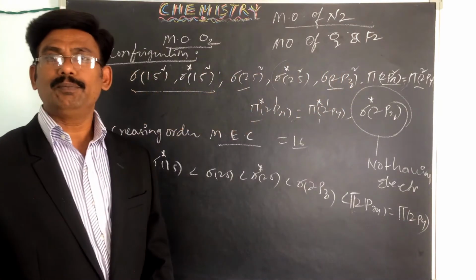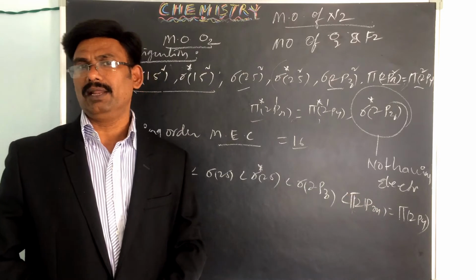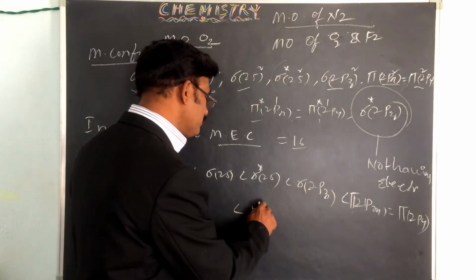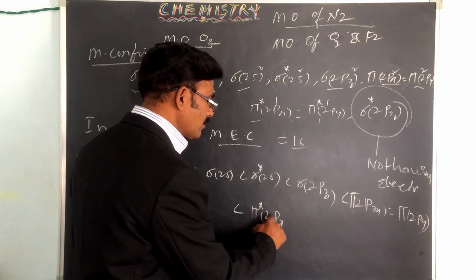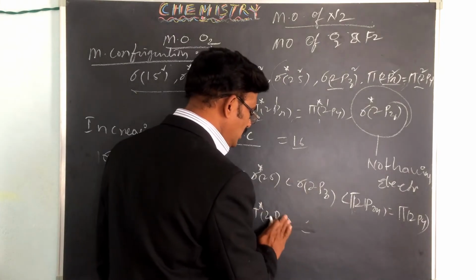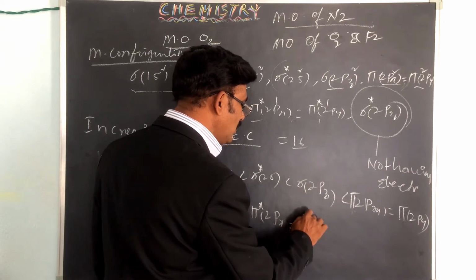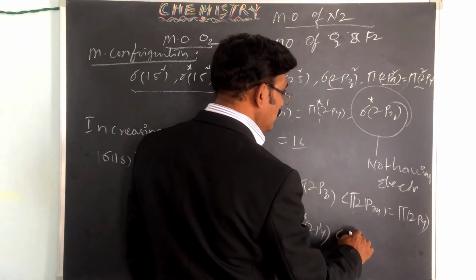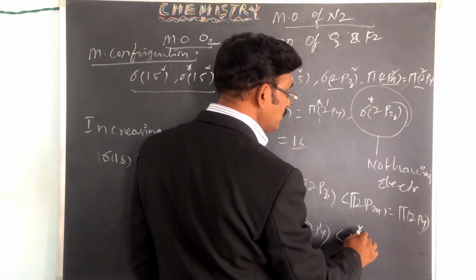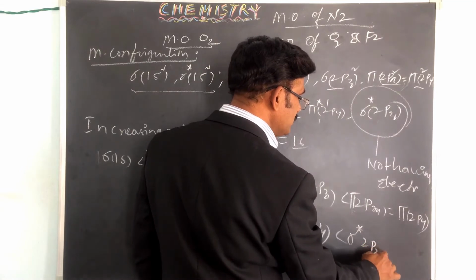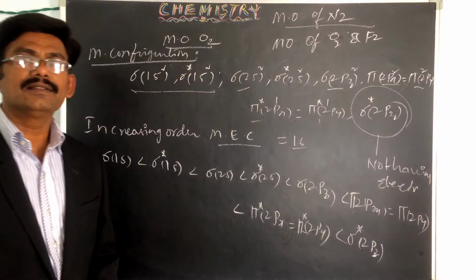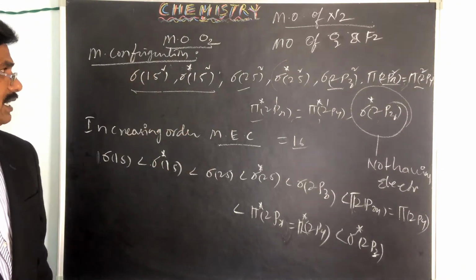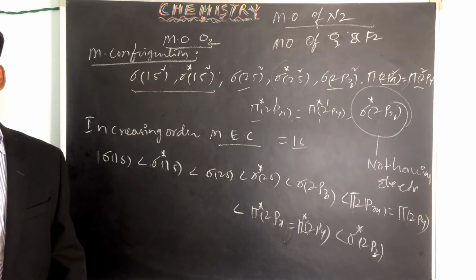Pi 2px and pi 2py are equivalent. Then it is less than pi star 2px and pi star 2py, both are equivalent. Then it is less than sigma star 2pz. This is the increasing order of the oxygen molecular configuration.